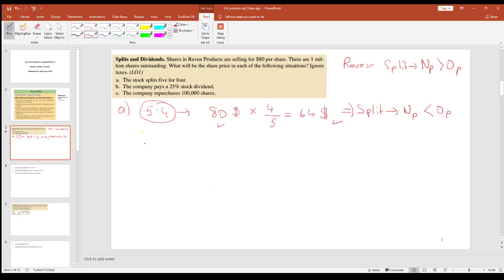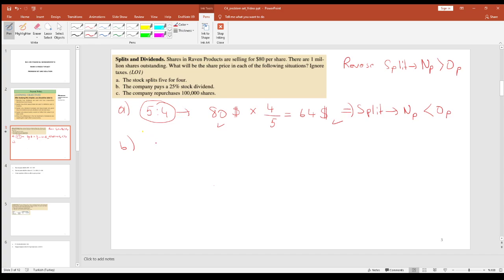So let's take a look at B. The company pays a 25% stock dividend.